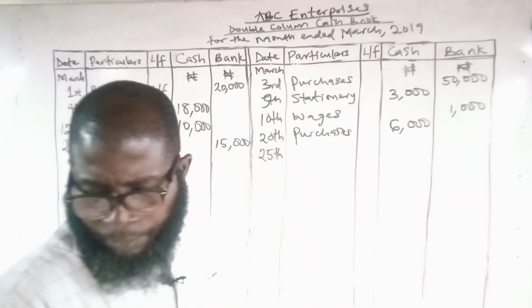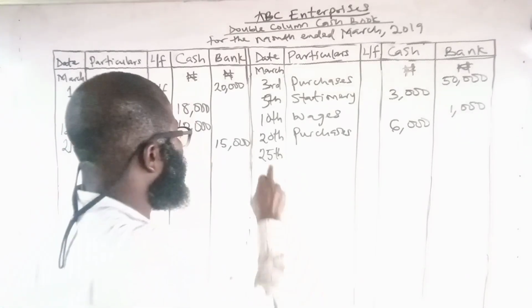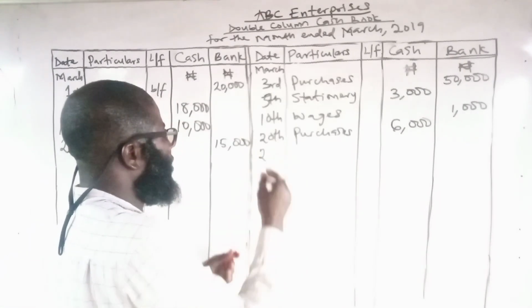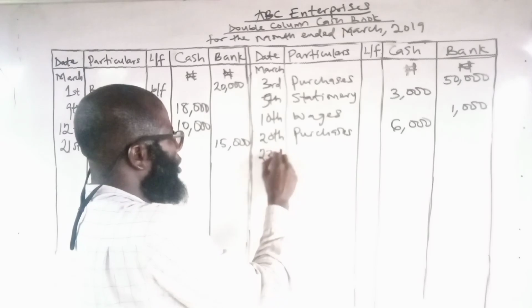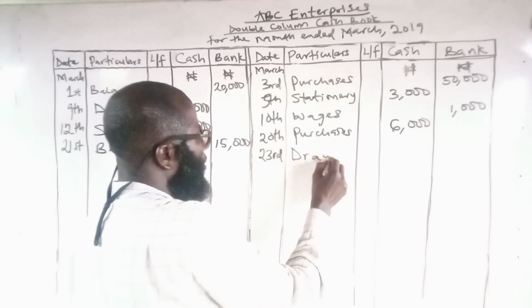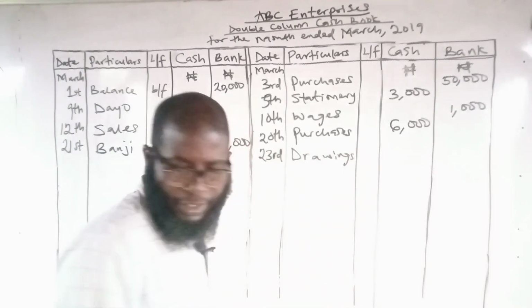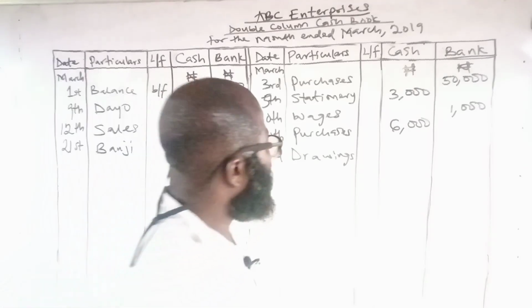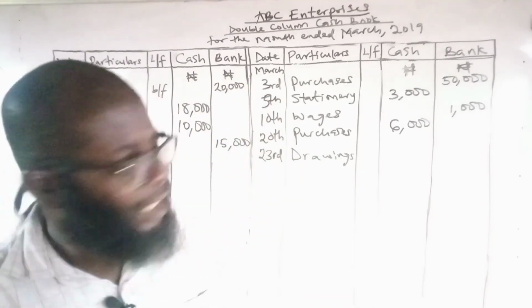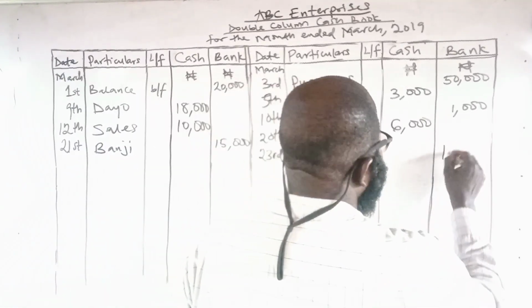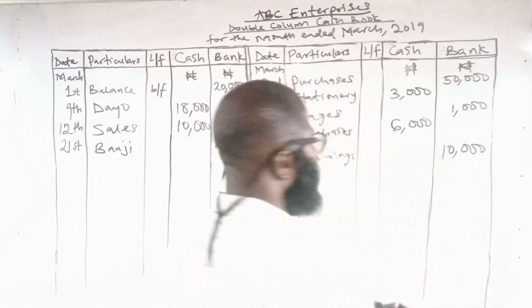Then we have drawings. How much is the drawing? We have it for 10,000 naira. That should be check. You put it under bank.